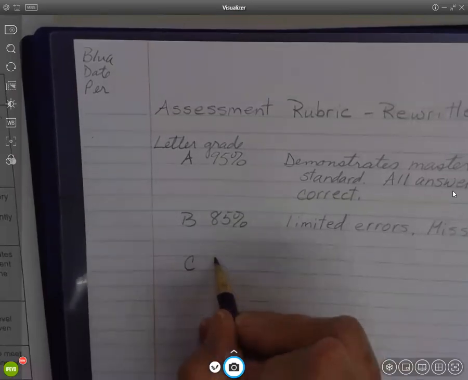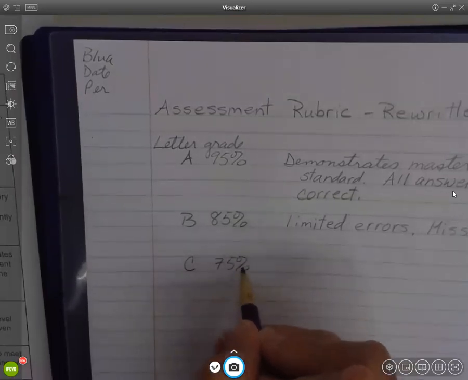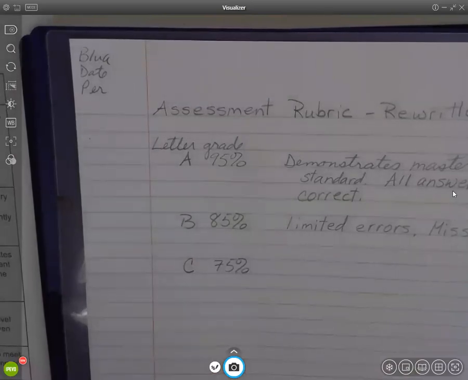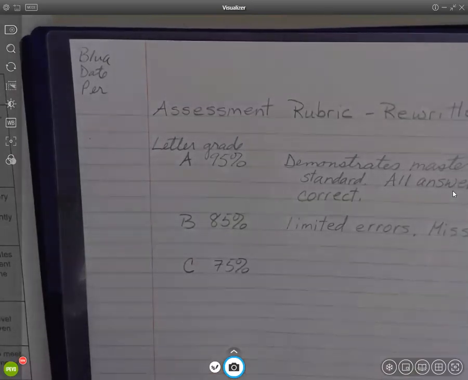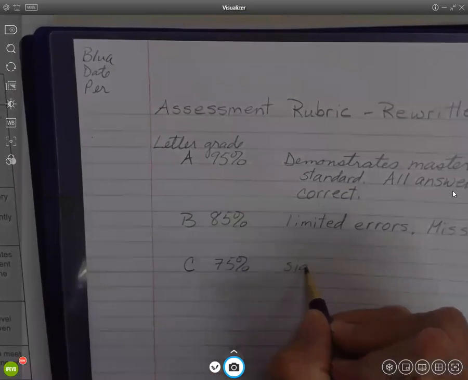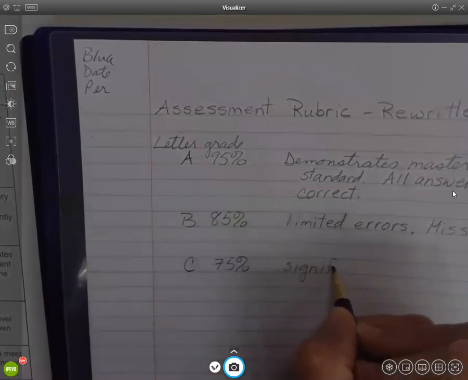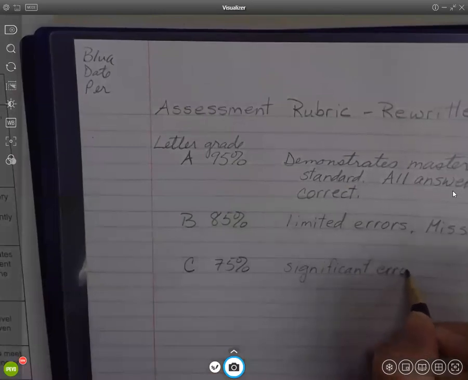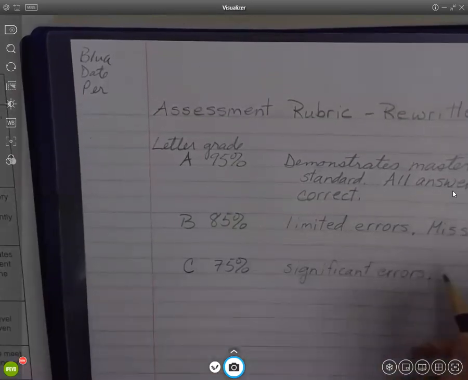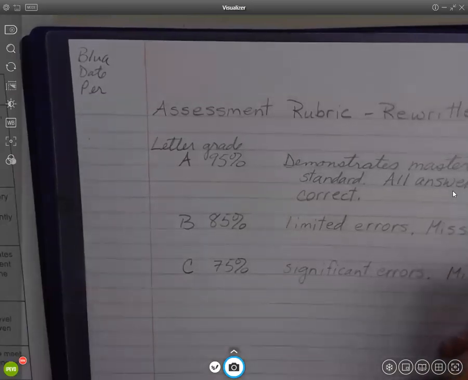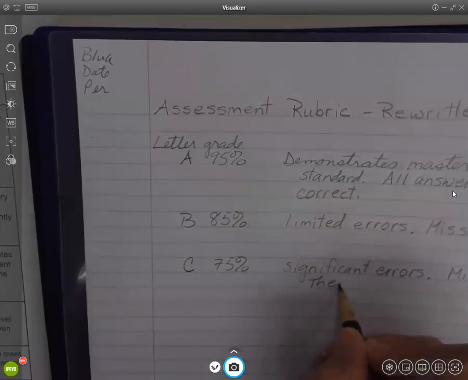And then a C is 75%. And you have significant errors. And you miss more than one question.